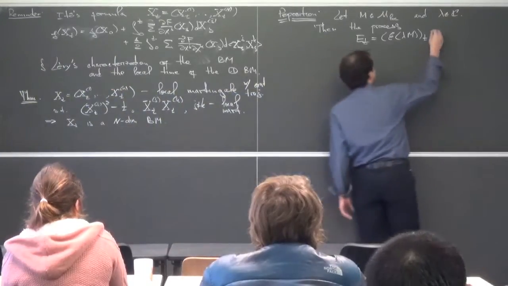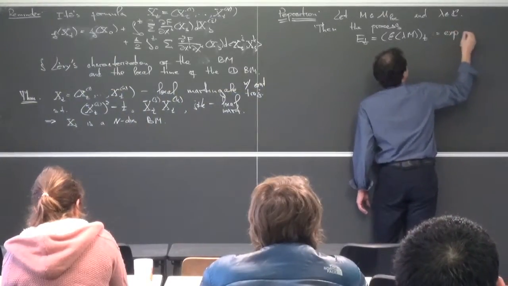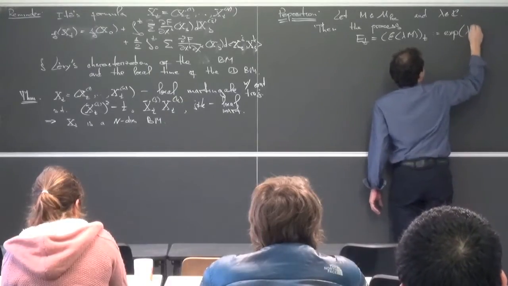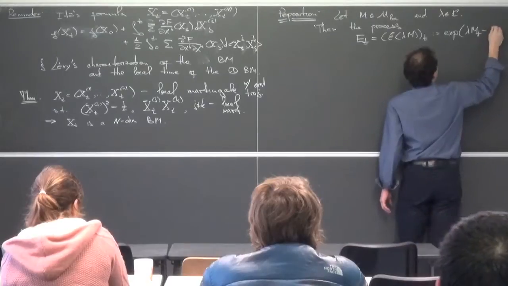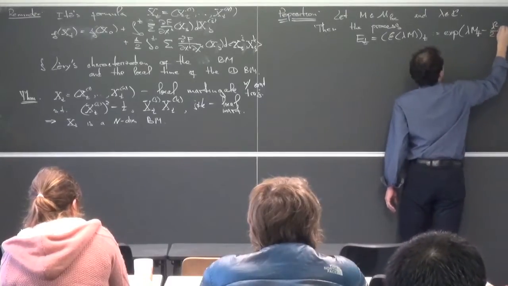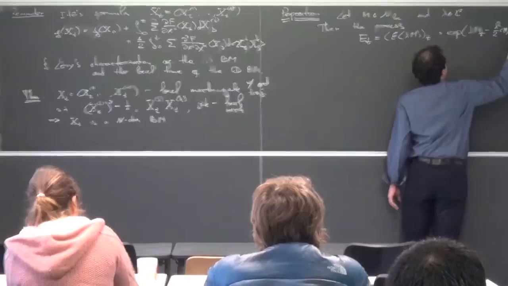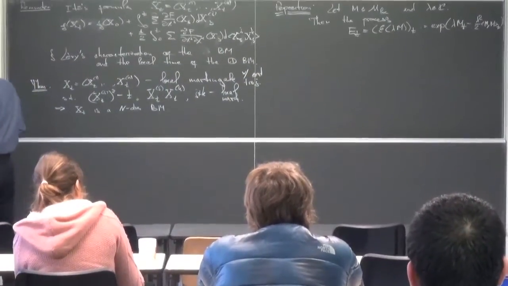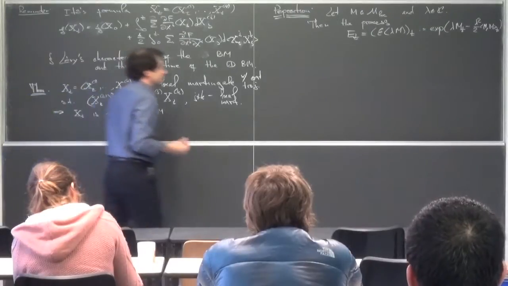So what's that? By definition, this is the exponential of lambda M_t minus lambda squared over 2 times the quadratic variation of M at t. So I just introduce a new process. And the claim is that this is again a local martingale.